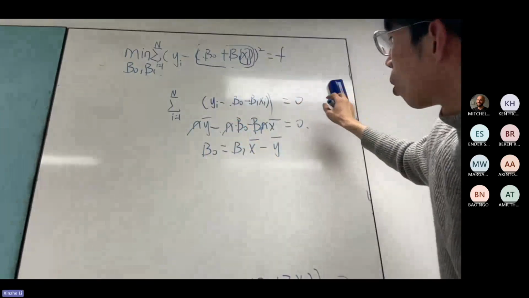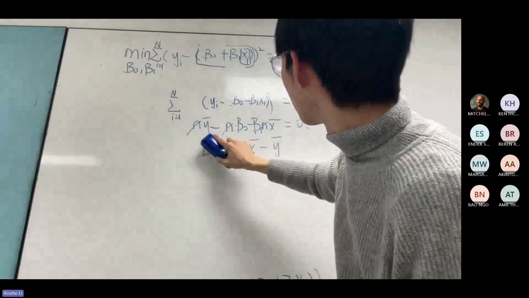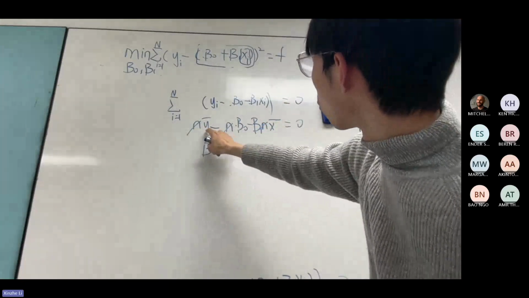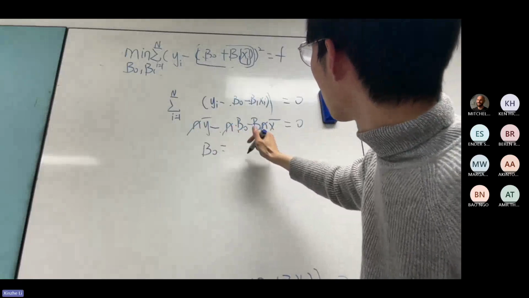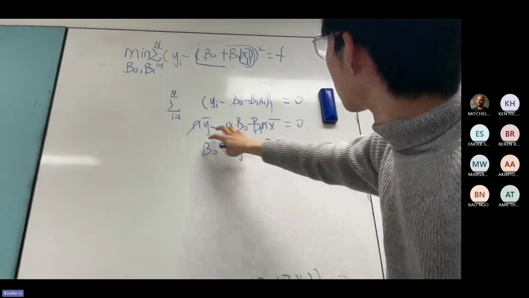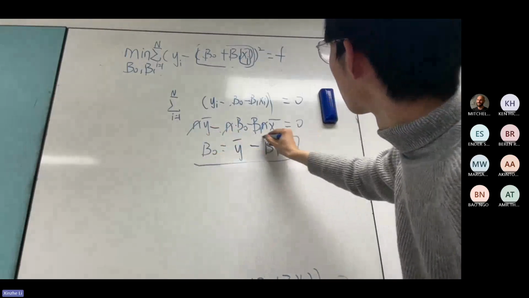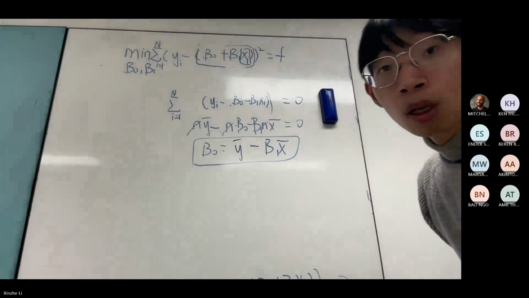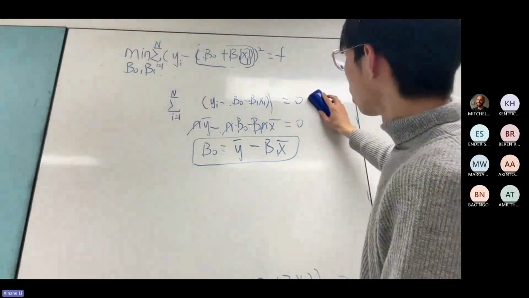So now beta 0, you put beta 0 on the left side, is y bar minus beta 1 x bar. So you have this. Okay, now this is correct. Hopefully we are all good with that.